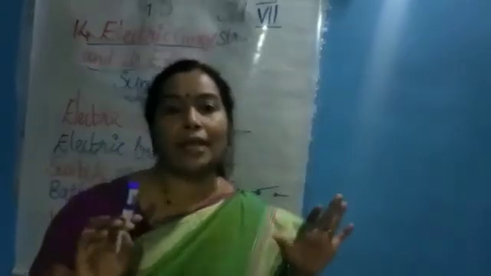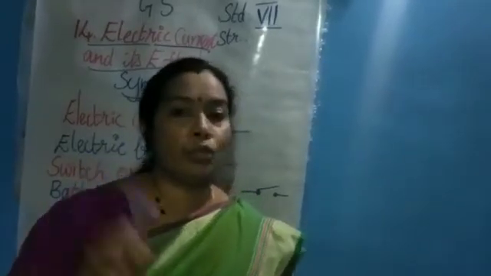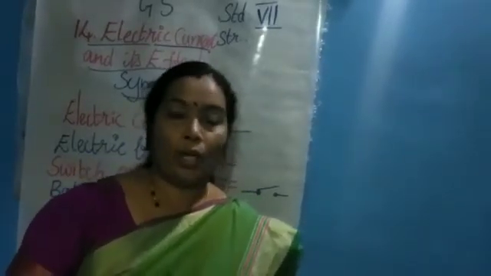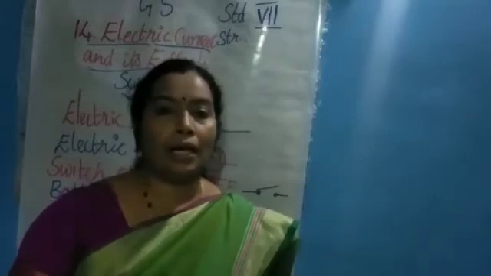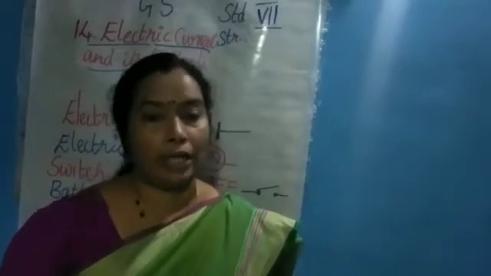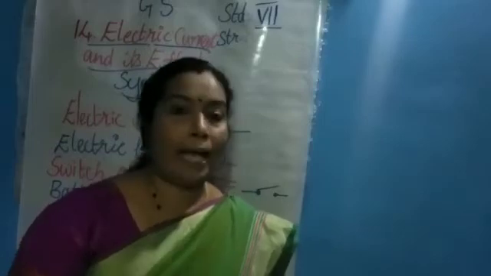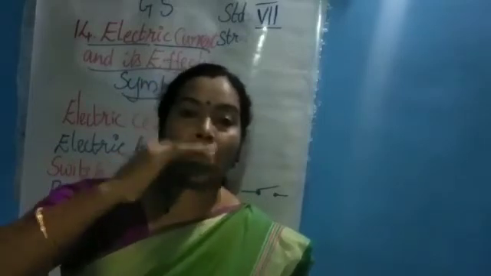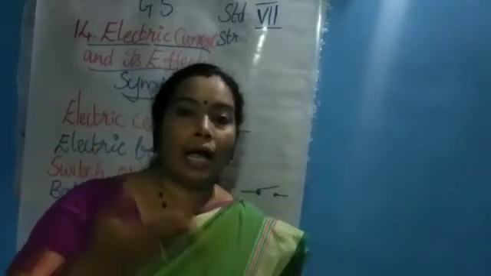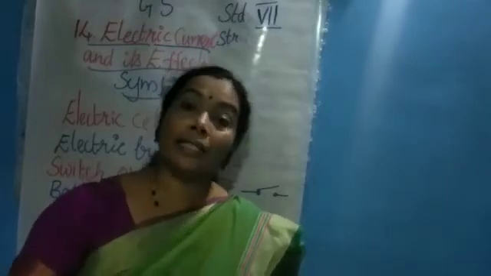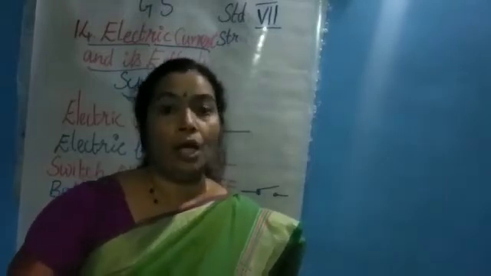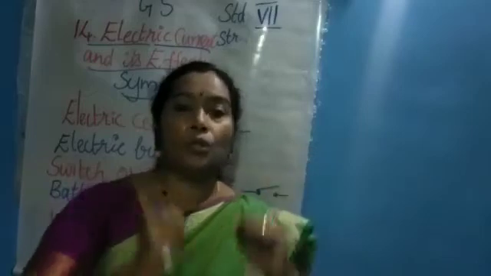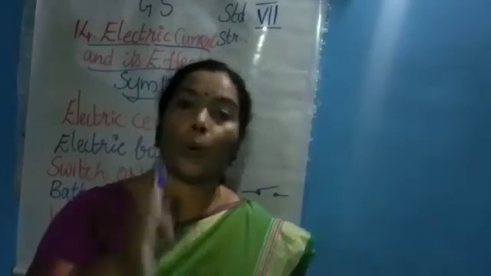In electricity, the terminals are most important. One is the positive terminal and the other is the negative terminal. In a battery, the metal cap side is the positive terminal and the plain base is the negative terminal. Only that we have to show.